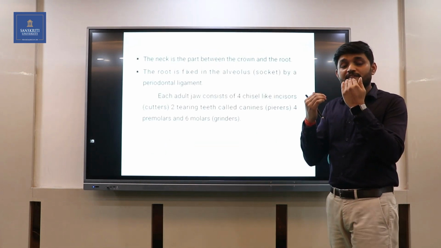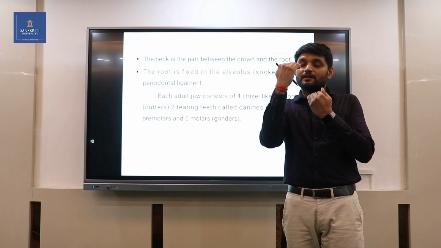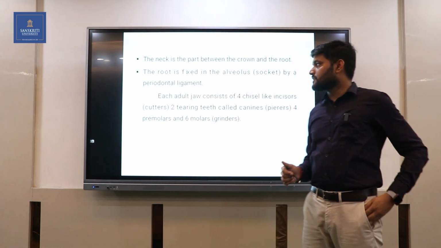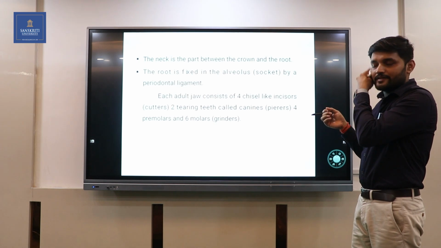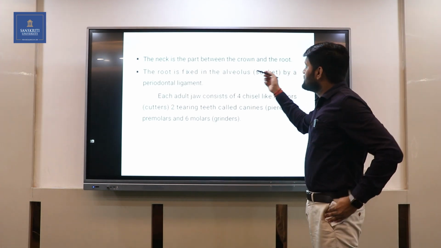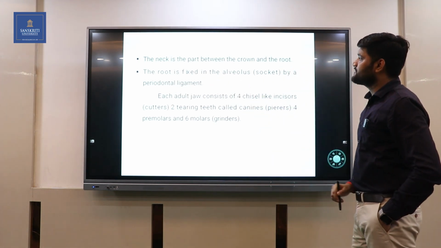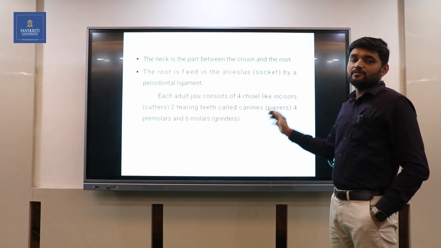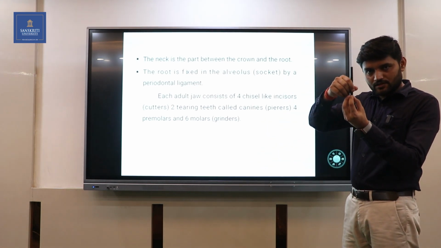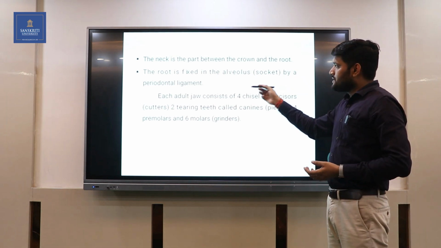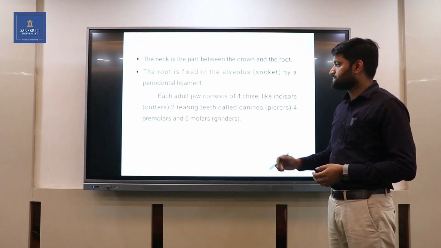Opposite jaw means that if this is the lower, the opposite is the upper jaw. The neck is the part between the crown and the root. The root is fixed in the alveolus. Alveolus is the socket where the tooth is held by a periodontal ligament.